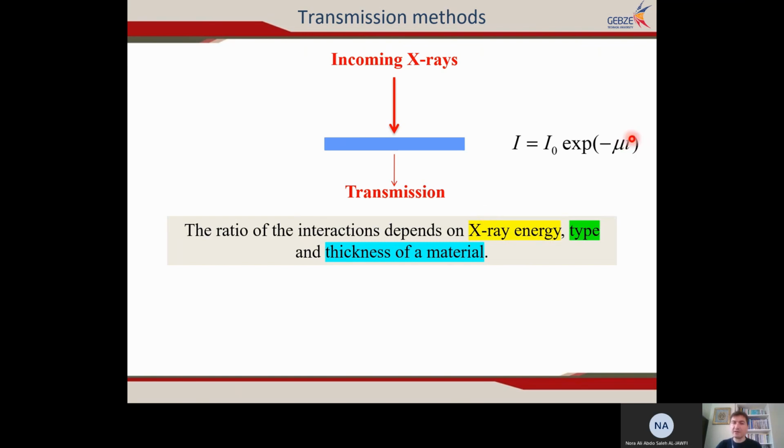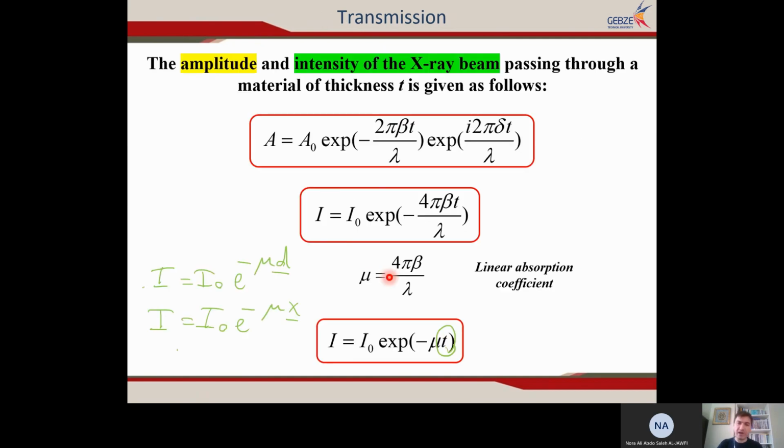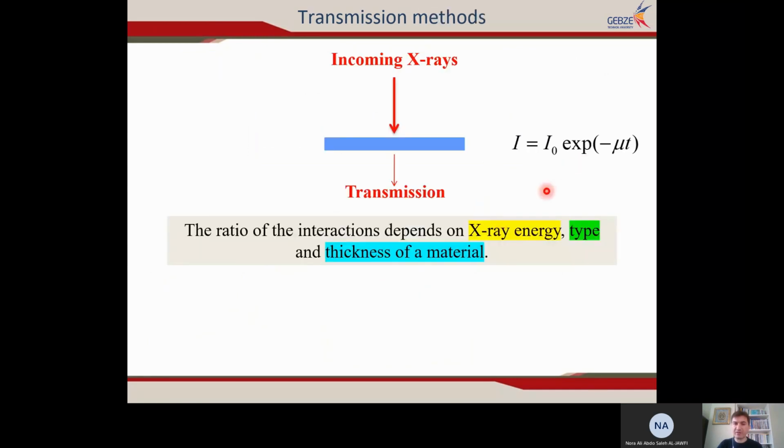What do you see here? Here we have thickness, and mu depends on the type of the material. And within mu we have lambda, right? So the energy of the X-rays is also given here, and it affects the interaction mechanisms.